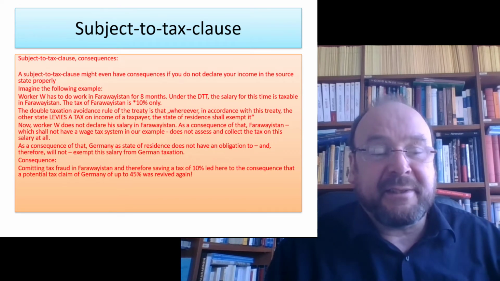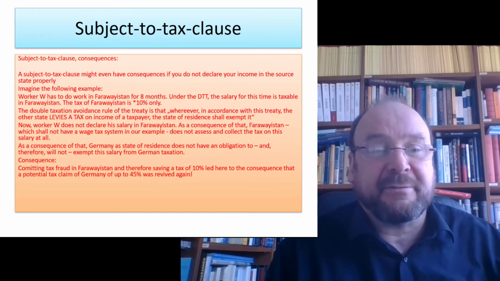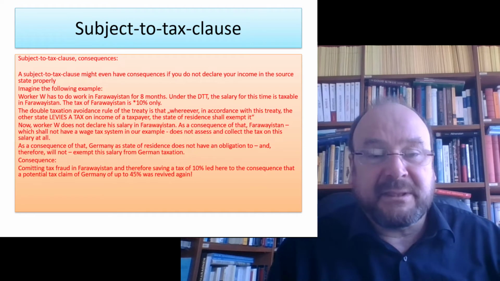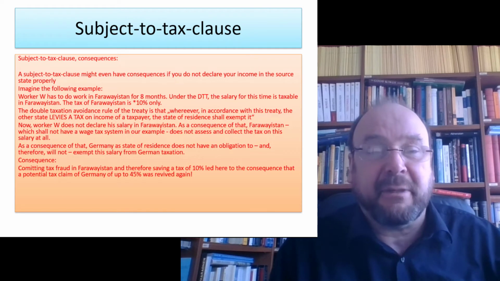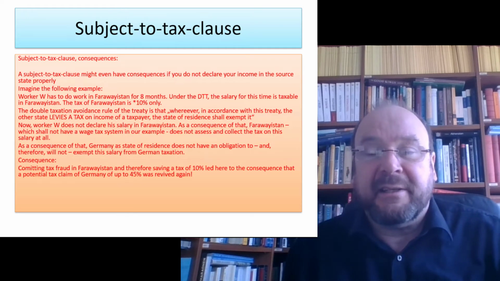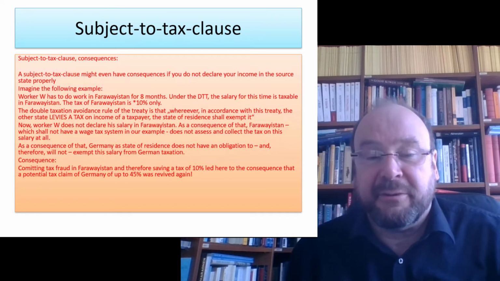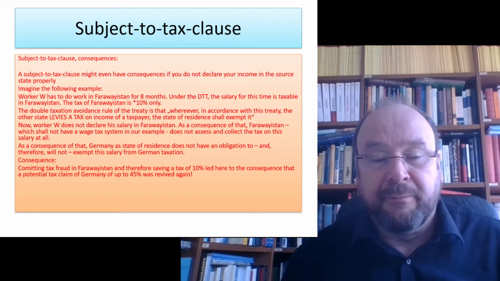Second, the state of residence will be still motivated in uncovering tax fraud by you. You can be prosecuted here for committing tax fraud with regard to a fairly higher amount. And in the end, it might even be that they, in addition to that, communicate the information to the other states so that you are prosecuted there too.